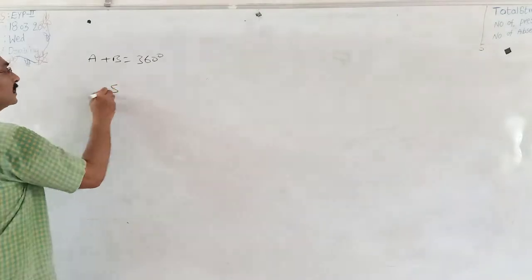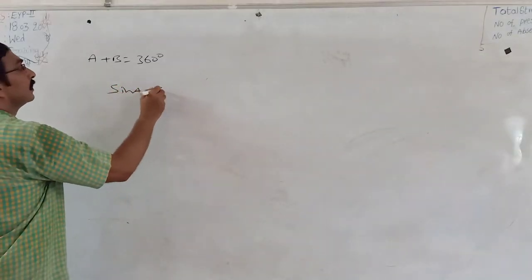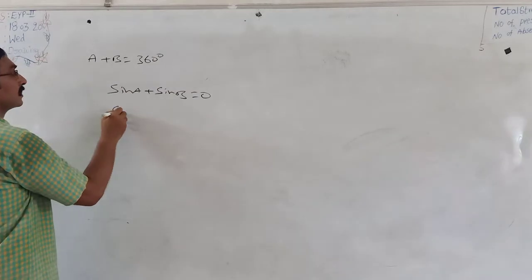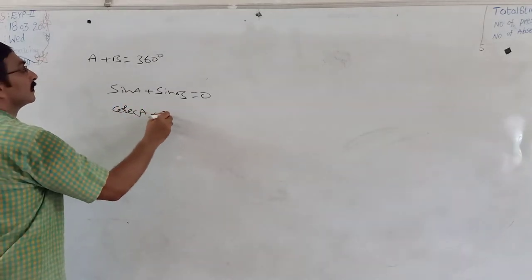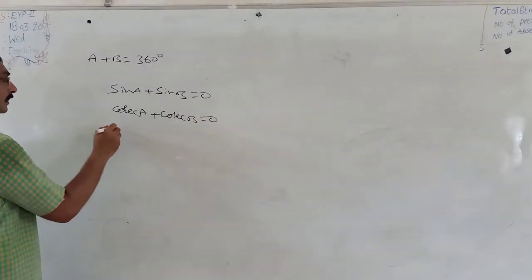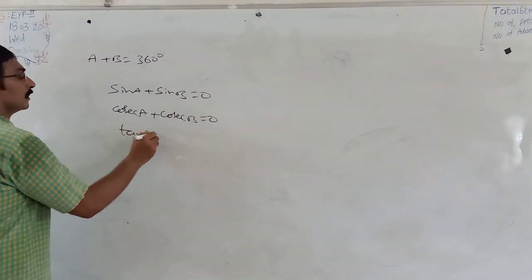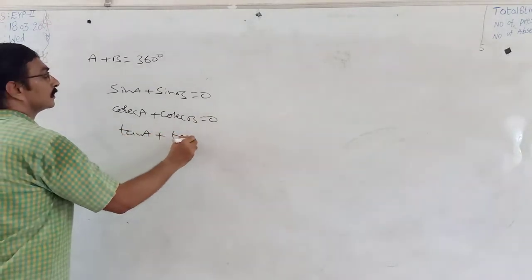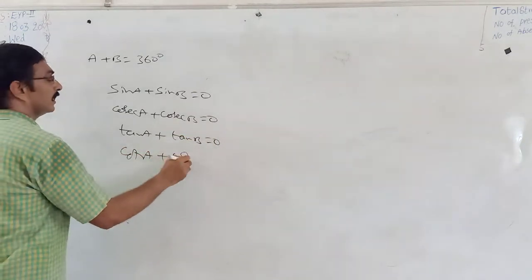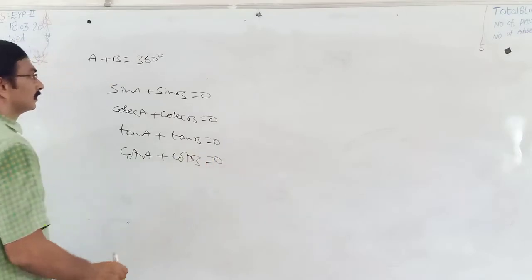If a plus b is 360 degrees, then the sin of the first angle plus the sin of the second angle is 0. Similarly, cosecant a plus cosecant b is 0. Next, tan a plus tan b is 0. Next, cot a plus cot b is 0.